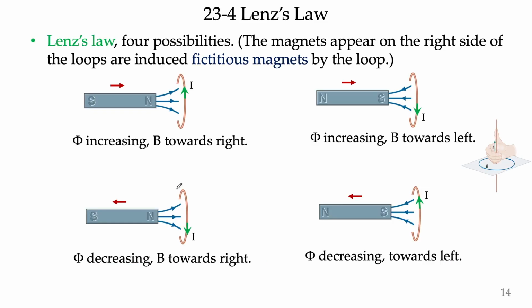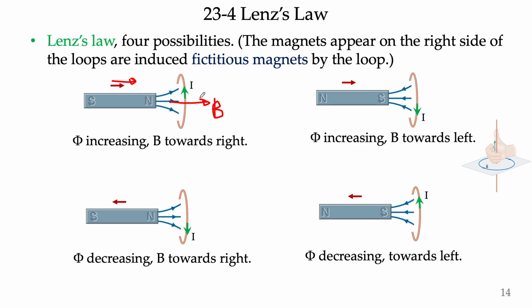There are actually four possibilities for the setup, and one of them we just did. You can have a bar magnet whose north pole is on the right and it's moving to the right. So the magnetic field lines inside the loop are to the right, and the loop will try to oppose by creating its own magnetic field.